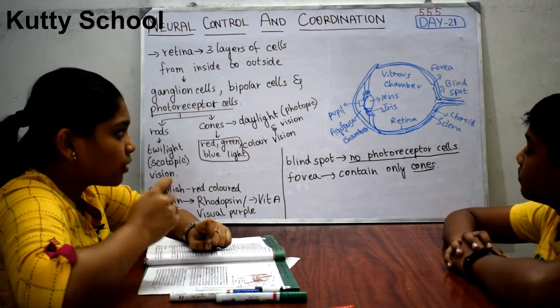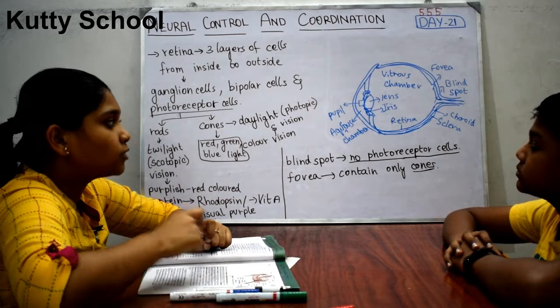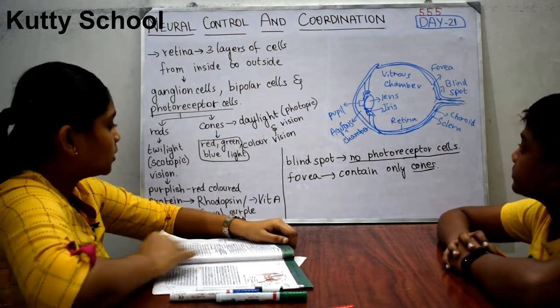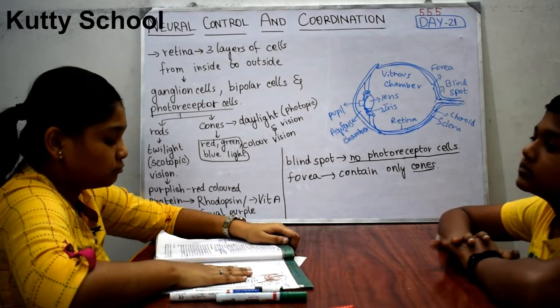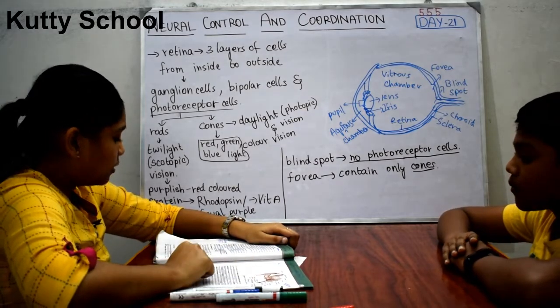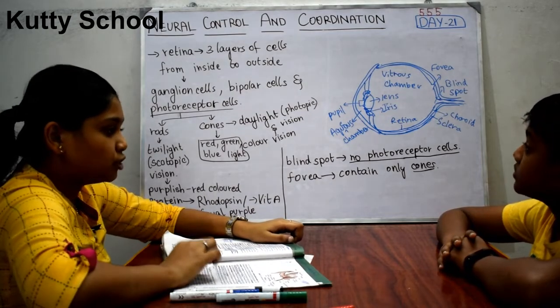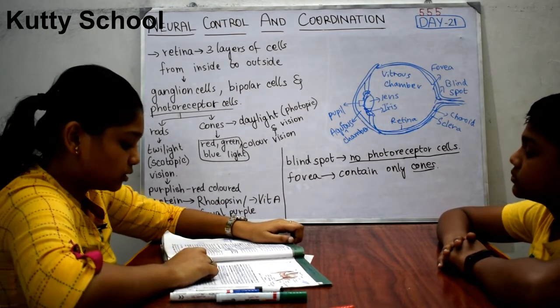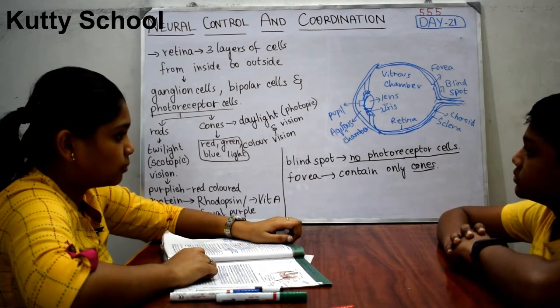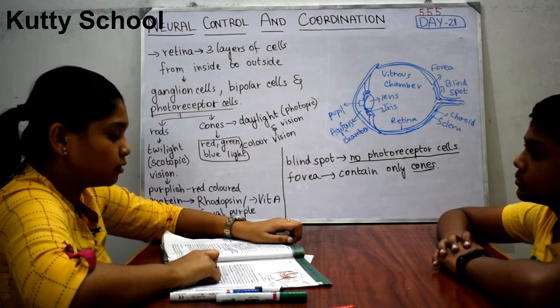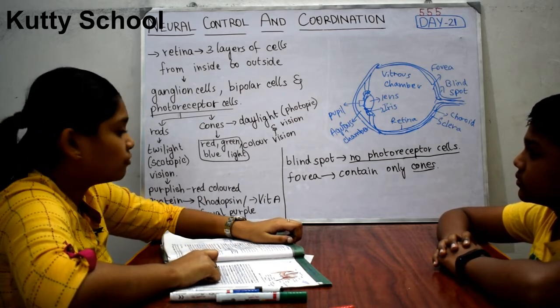From the nerves the stimulation is passed to the brain. This is the mechanism of vision. There is a region for vision in the brain, the visual cortex, and the stimulation reaches there through the nerves.